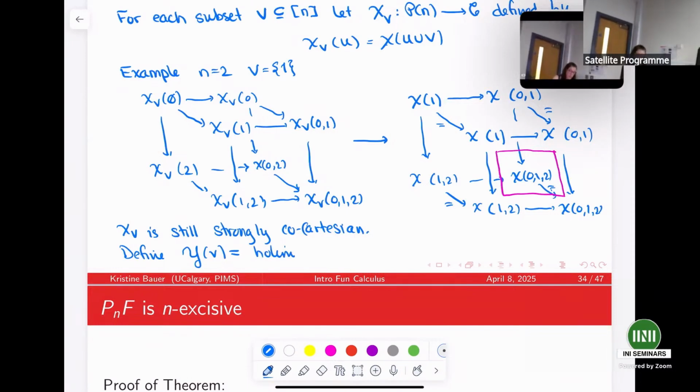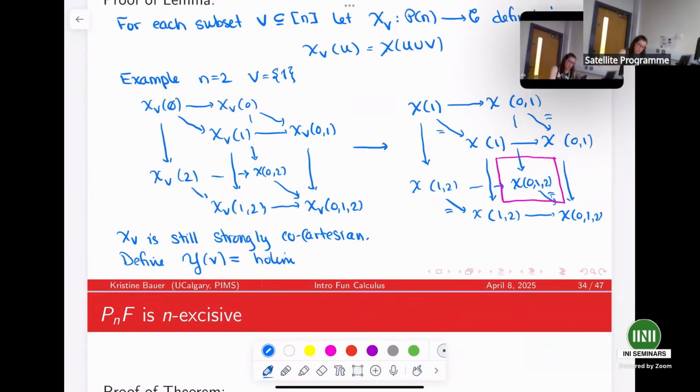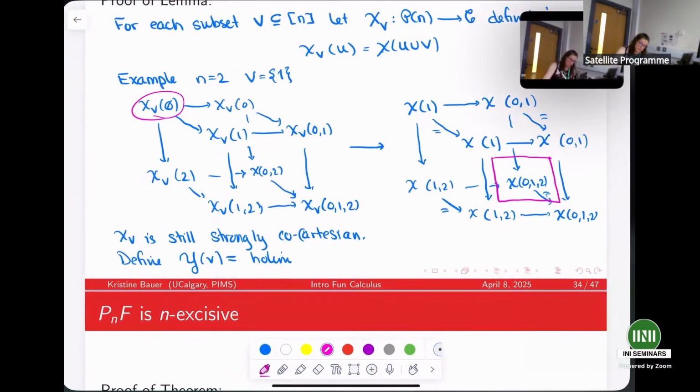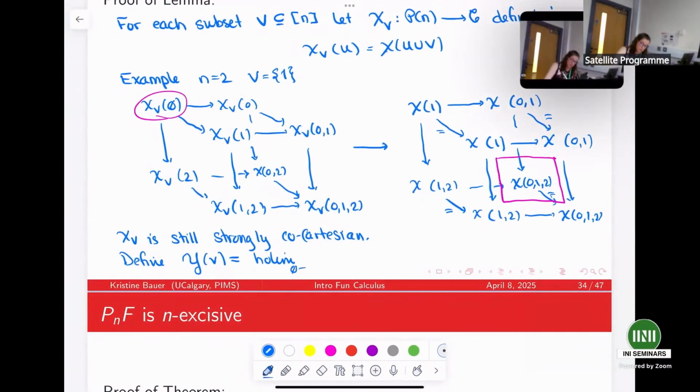It's just going to be the homotopy limit of the cube where you just remove the empty set. Okay, so now we've made all of these same cube diagrams. Some of them are not very new, if you already knew what the old cube did. So this is just going to be the homotopy limit over everything except the empty set, of chi v of u.